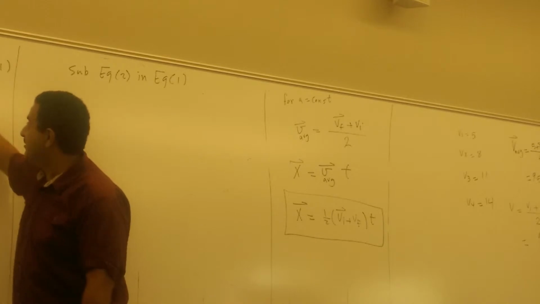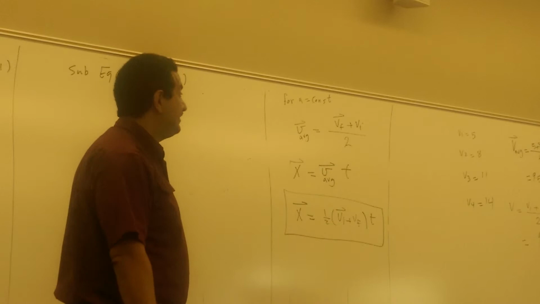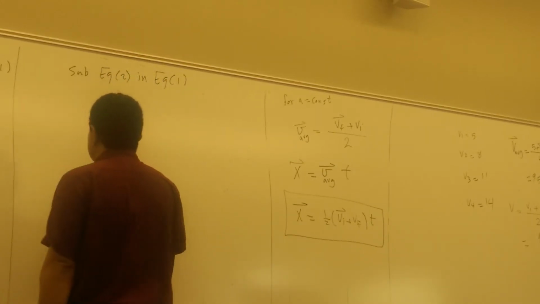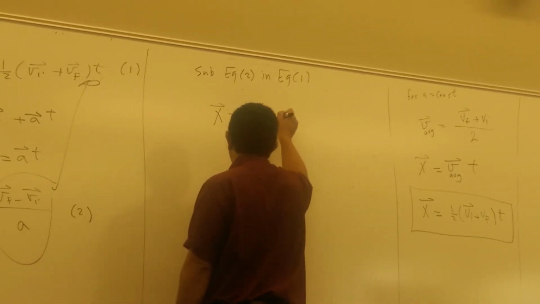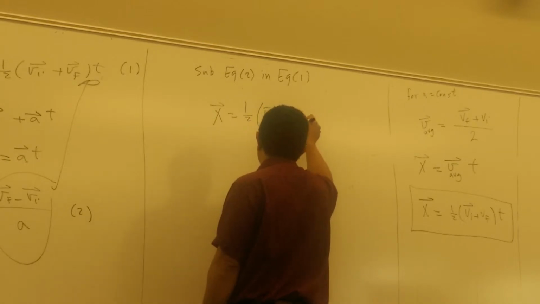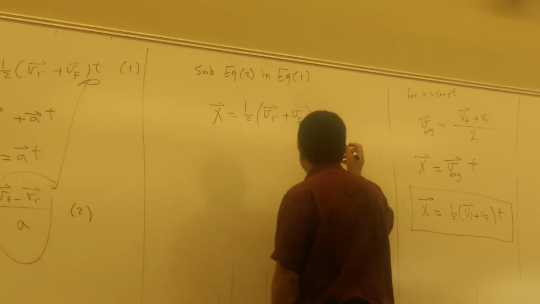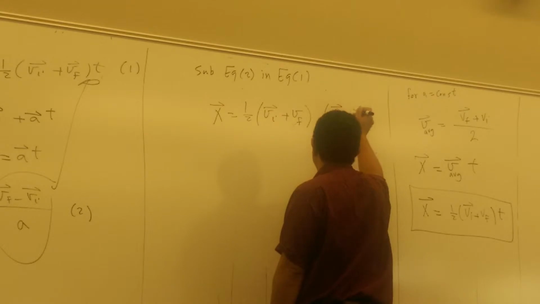Or simply, arrows are much more convenient, but I could write that so somebody will follow it. Based on that, X would equal 1/2 V initial plus V final multiplied by T. But instead of T, what am I going to write? I'm going to write V final minus V initial divided by A.